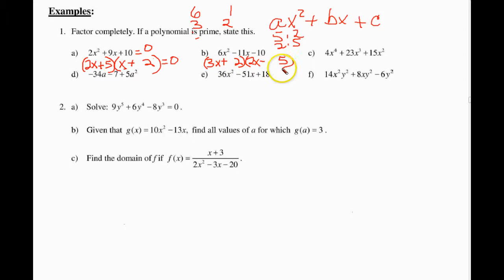Because my outers are 15, 3 and a 5, that's 15. This is a 4, the difference is 11. And we need this one to be negative, and this one is plus. As you FOIL it, you can check to see if you got the right answer. And again, if this were an equation, it would work the way we've been doing the others.